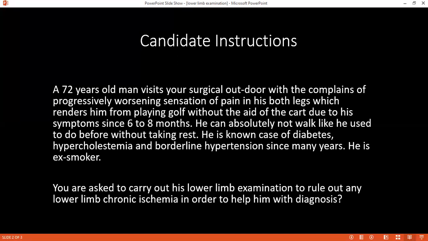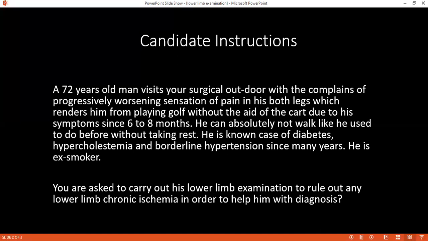Then I will also measure the ankle brachial pressure index if time permits. That will complete my exam. I would also feel the abdomen for any evidence of aortic aneurysm and auscultate for the renal and aortic bruits.